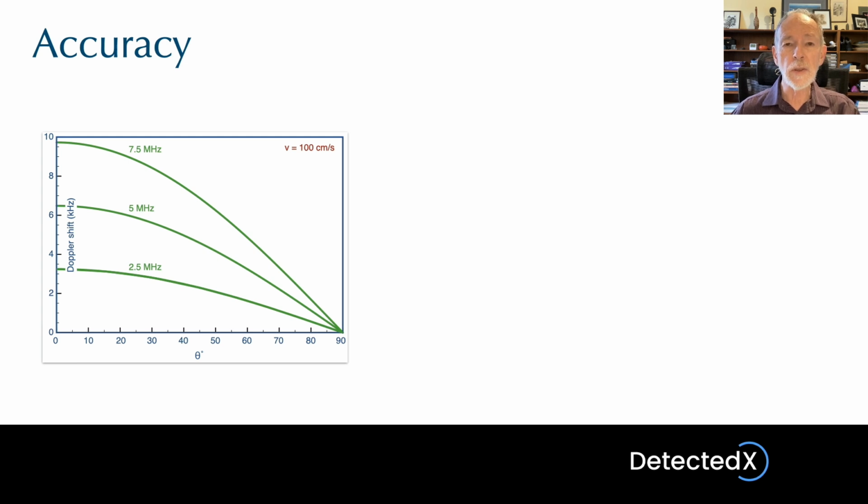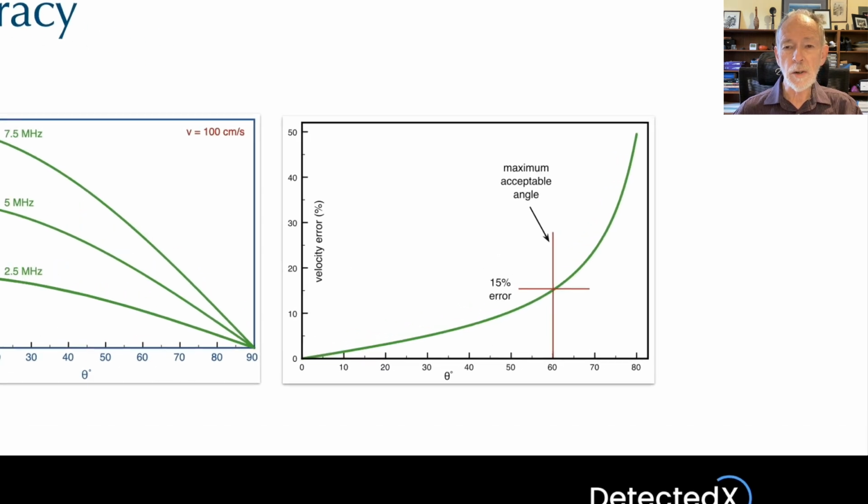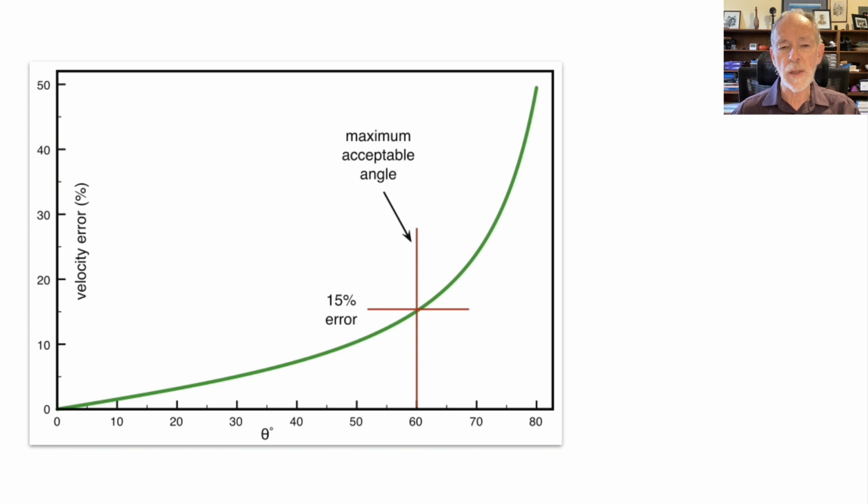I'll show you in a minute that the user helps the machine to determine what theta is, but there's always going to be a certain amount of judgment and estimation in that. And so the value the machine uses to calculate velocity from Doppler shift is likely to be wrong by a few degrees. This graph shows the impact of that on the accuracy of the machine's calculation of blood velocity.